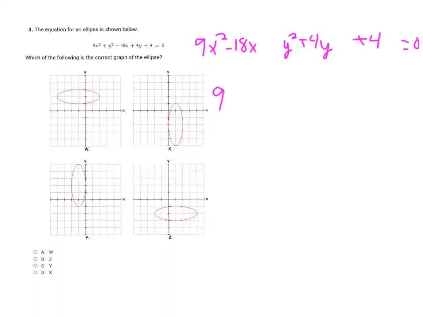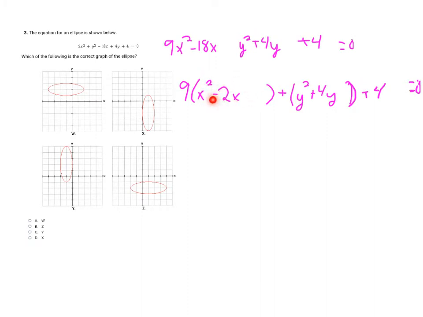They have a 9 in common, so I'm going to factor out a 9, and that leaves me with x squared minus 2x in parentheses, and I'm going to leave a space to fill in my completing the square number. And then my y terms, there's nothing that I can factor out, so they just stay y squared plus 4y. And once again, I'm going to leave a space for them too.